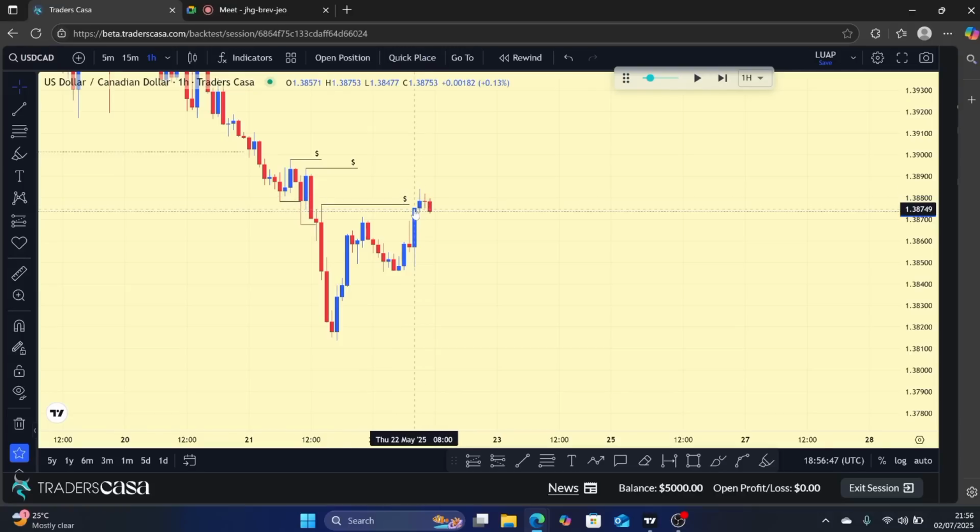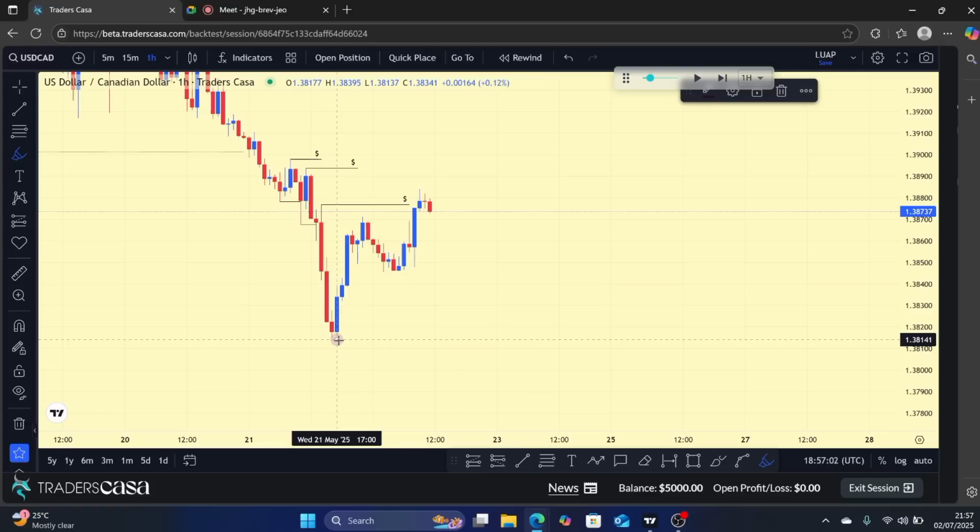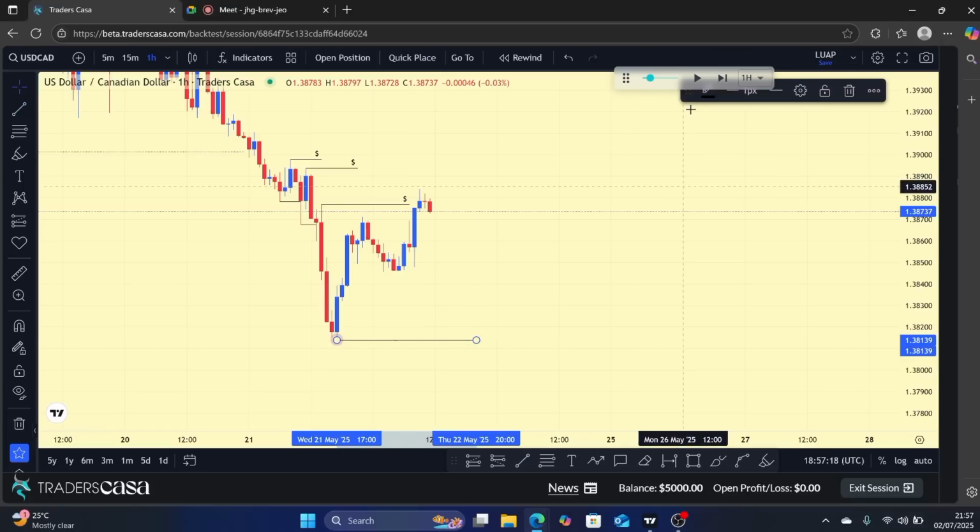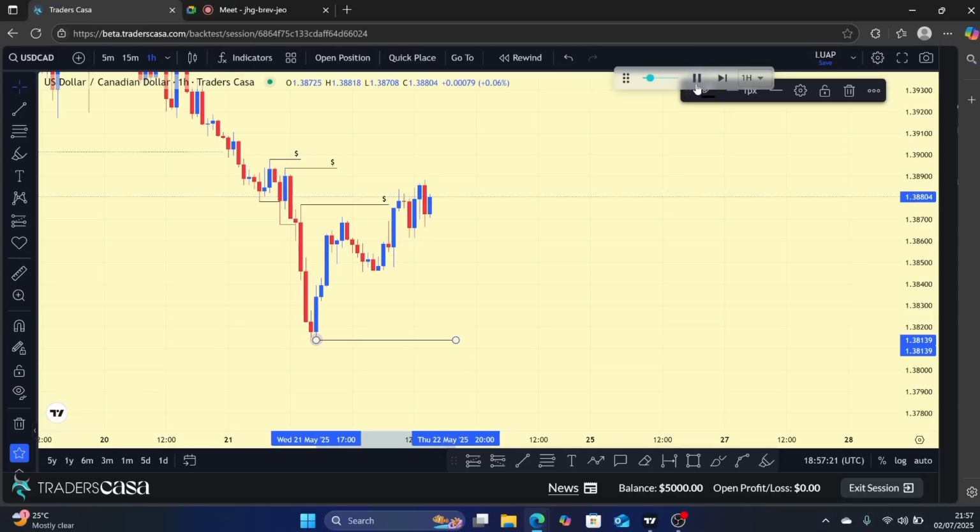By the way, I've said price can literally go up, taking additional buy side liquidity before it actually reverses, but that doesn't change the fact that this low is already a swing point. So if price now decides to reverse without going further to take this additional buy side liquidity, this will already be confirmed as a valid break of structure as long as price breaks past that. So now let me continue running price and see what price does.